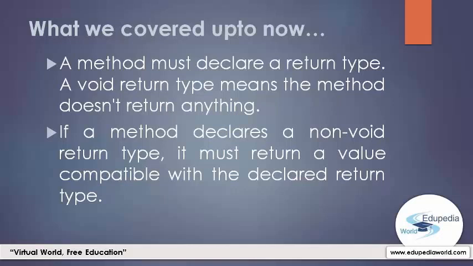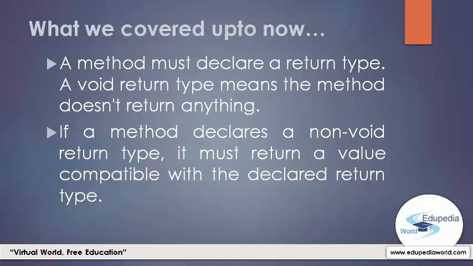But think of a method that calculates the average marks. At the end of the method, it will obtain a value, the average. If we want that average as an integer value, surely that method has a return type, int. If a method declares a non-void return type, such as int, boolean, etc., it will return a value compatible with the declared return type.